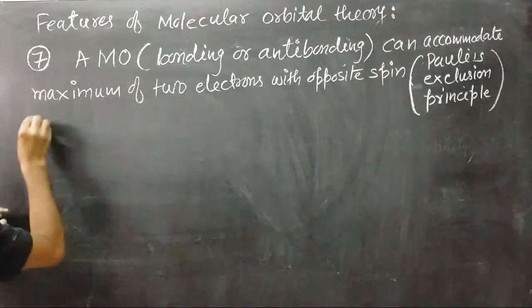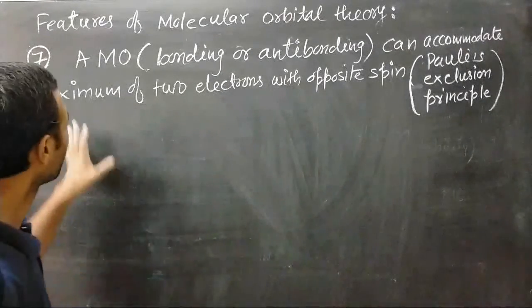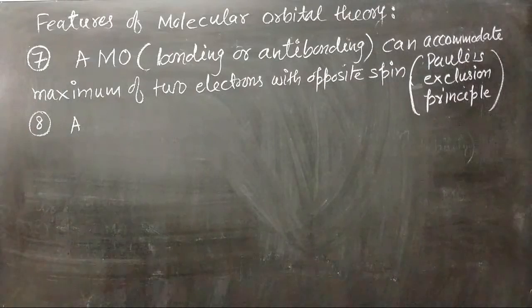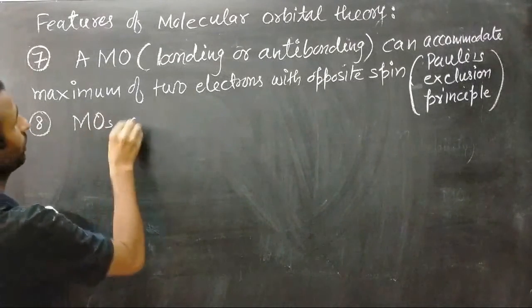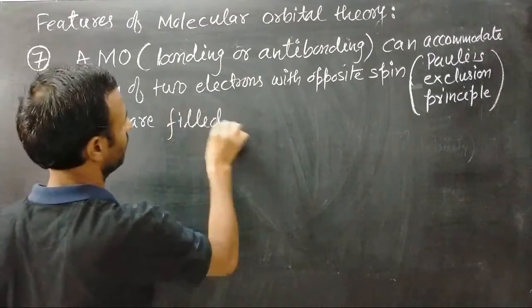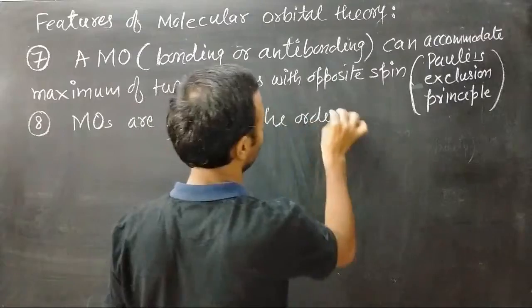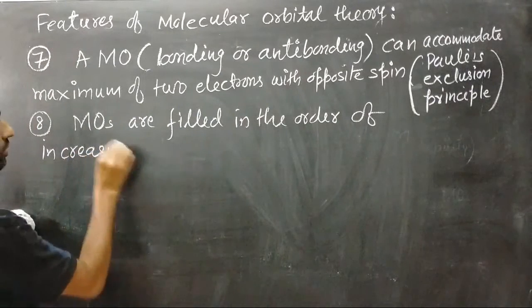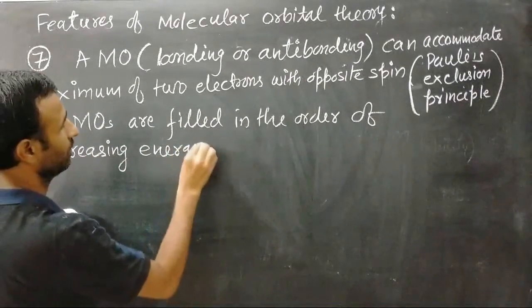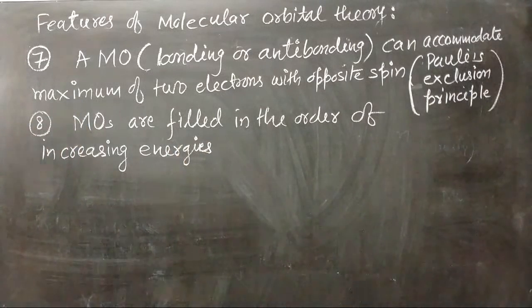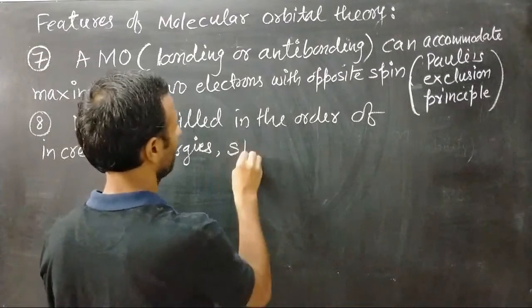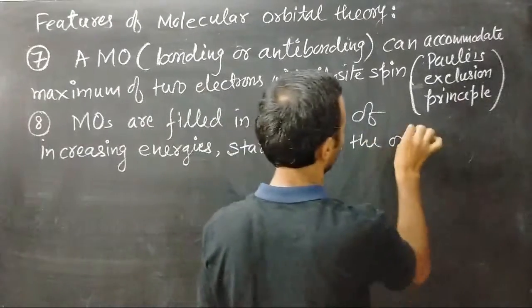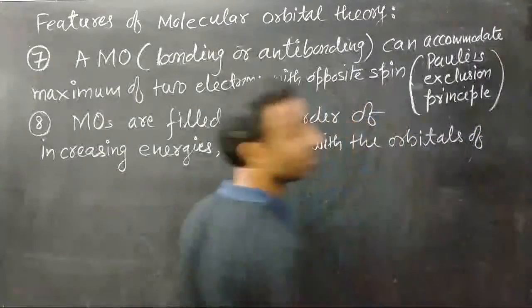Okay. Point number 8. Molecular orbitals are filled in the order of increasing energies, starting with the orbital of lowest energy.